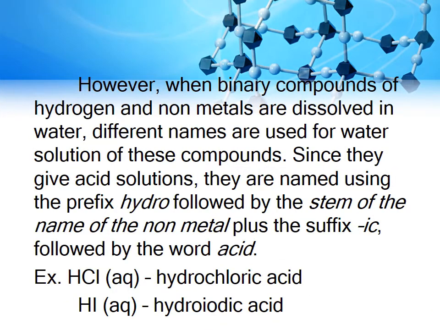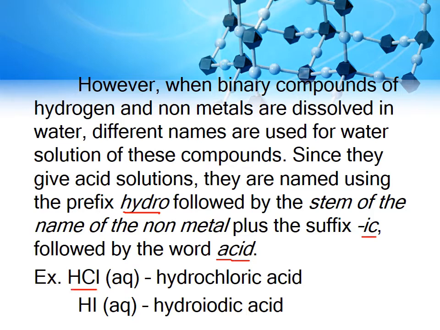However, when binary compounds of hydrogen and nonmetals are dissolved in water, different names are used for water solutions of these compounds. Since they give acid solutions, they are named using the prefix hydro, followed by the stem of the name of the nonmetal with the suffix "ic", and the word acid is added.